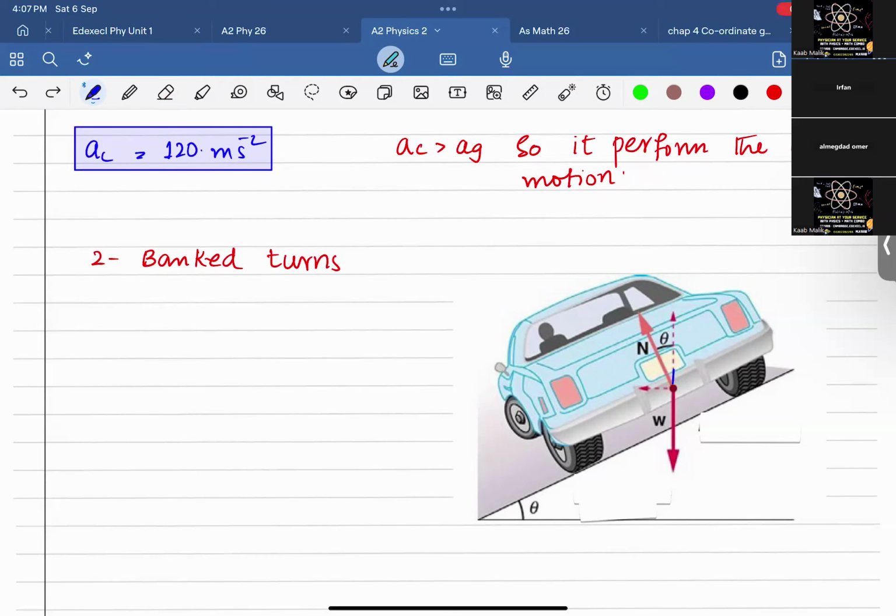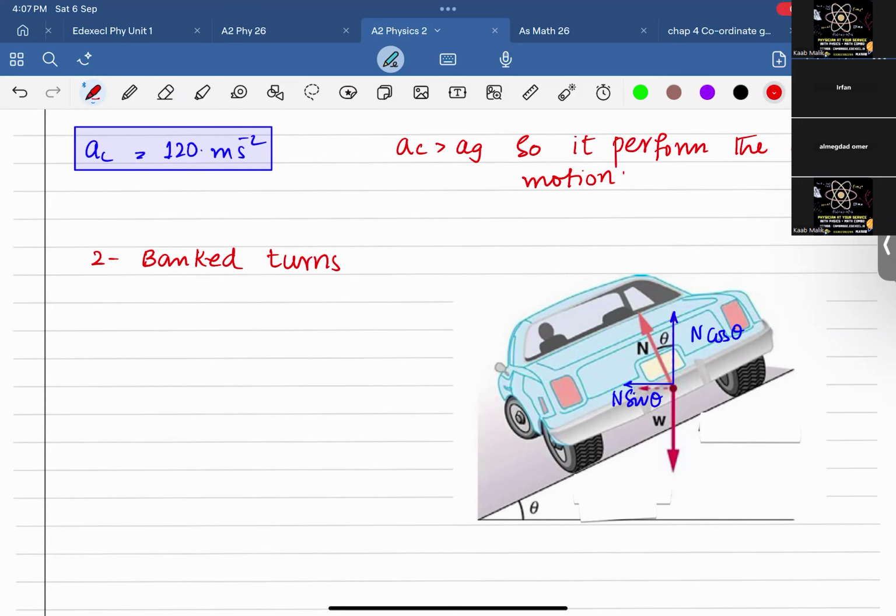If you make the components, the first component that is acting upward will be n cos theta, and this one will be n sin theta. We're not making the components of the weight.